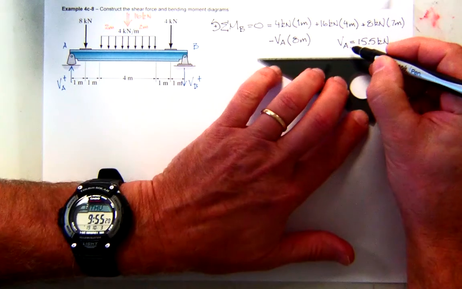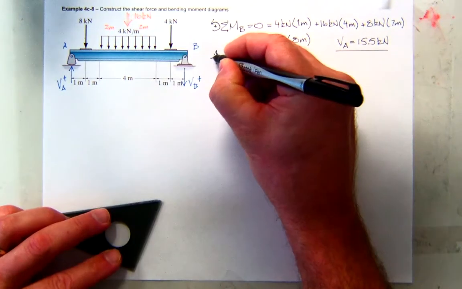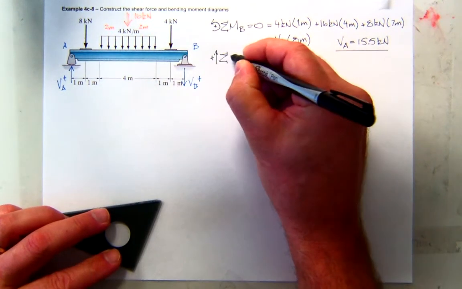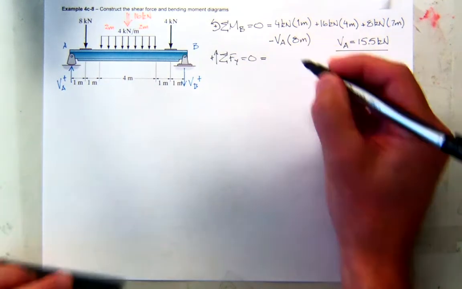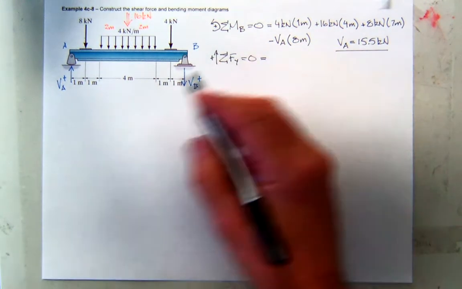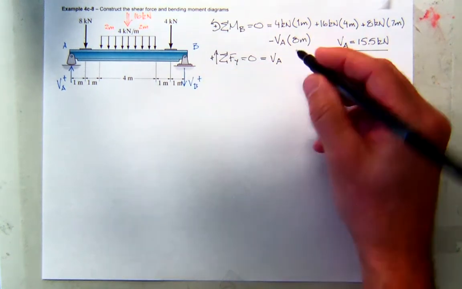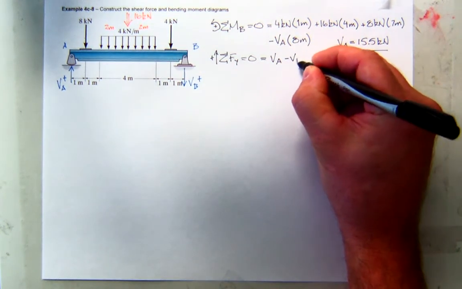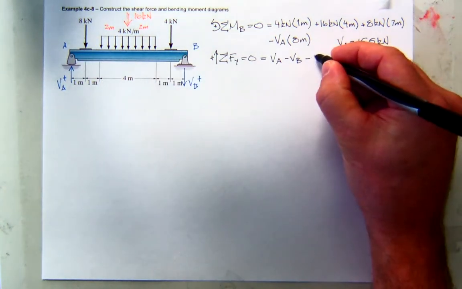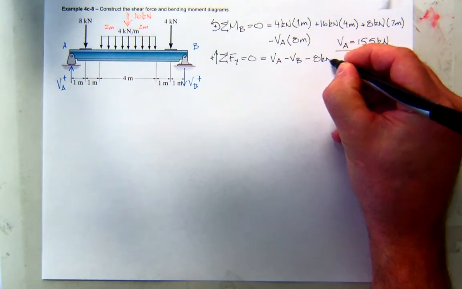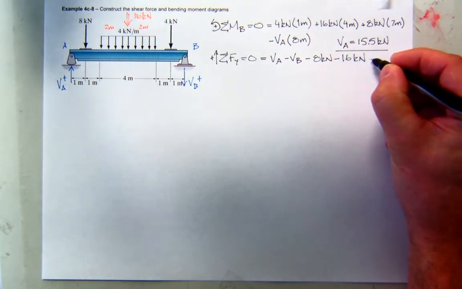So we've got a positive shear at A. And then if we sum the forces in the y direction, make sure that's in equilibrium, and I'll assume up is positive, so my shear force at A is up, my shear force at B is down, so that's negative, and then all my applied forces are down, so that'd be minus 8 kilonewtons, minus 16, the concentrated equivalent, and then minus 4.